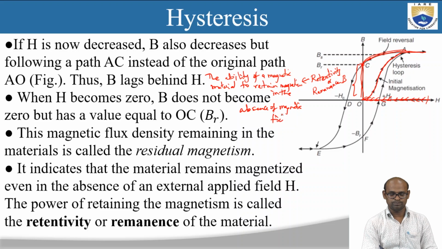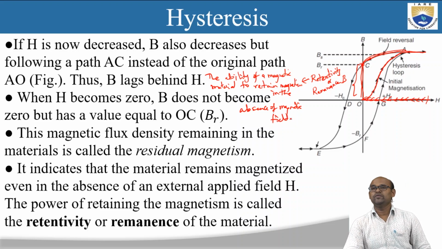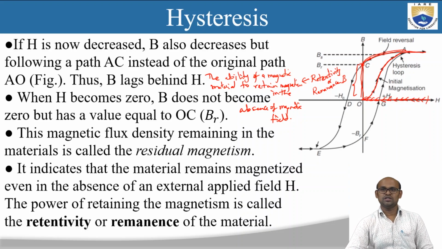So retentivity or remanence is the ability of a magnetic material to retain magnetism or magnetization even in the absence of magnetic field. Here it is OC. So this is the retentivity of this magnetic material.